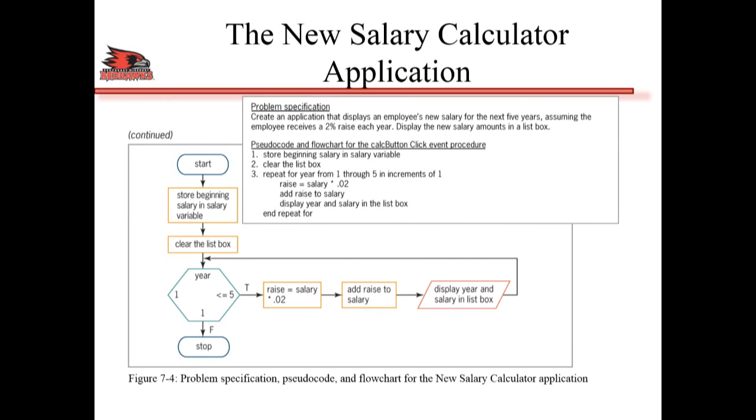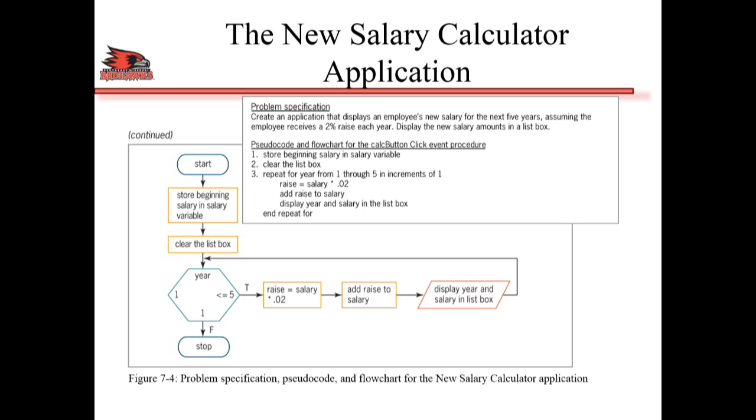So here we have a simple application which basically starts with your initial salary and makes a list box of how your salary is going to look for your next 5 years.